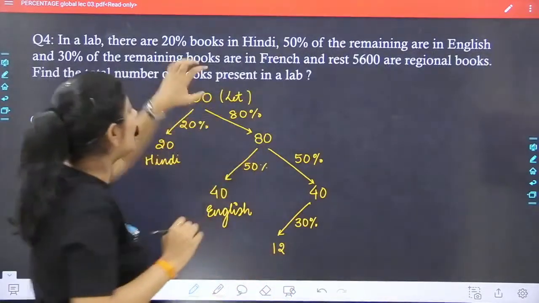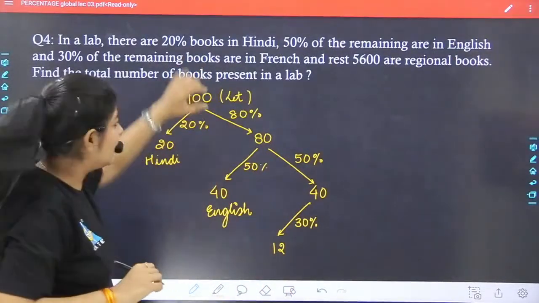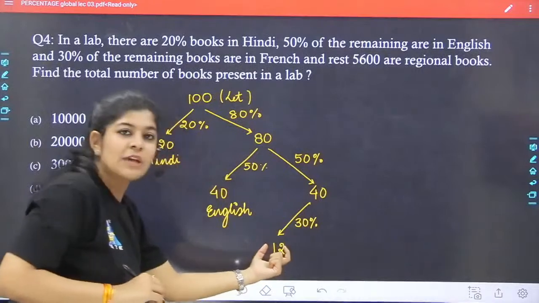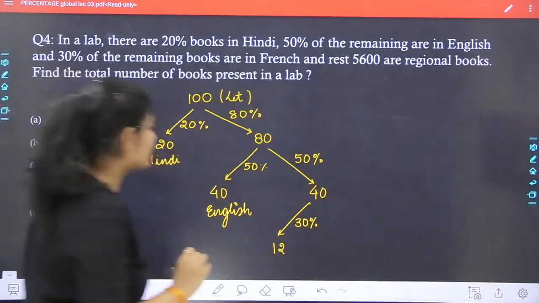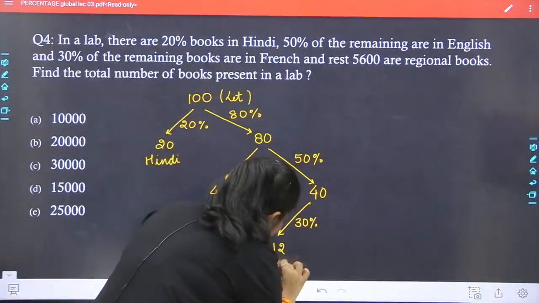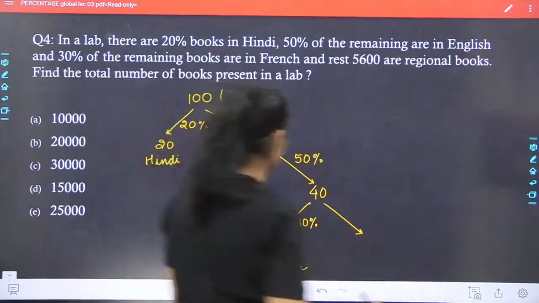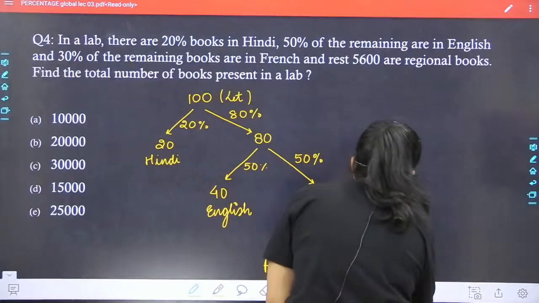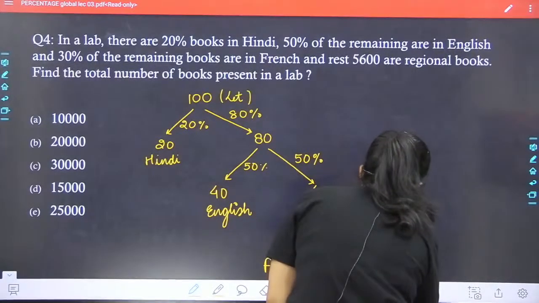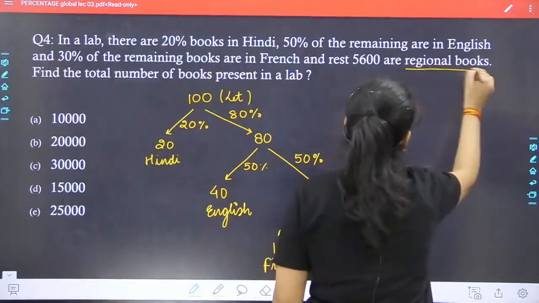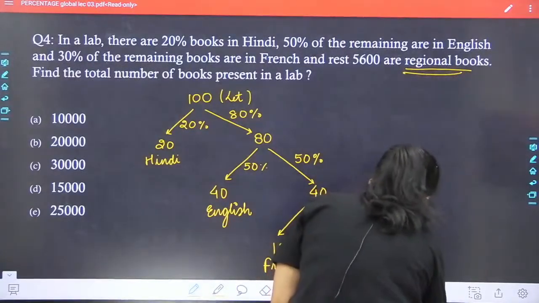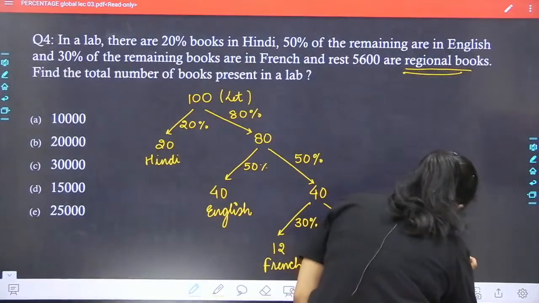Out of 100 books, 12 books are French. Now I am left with 28 books, and these are regional books.